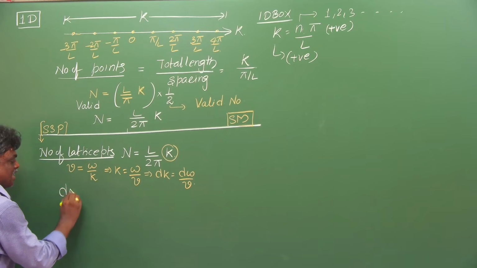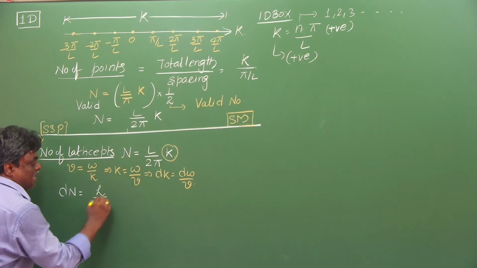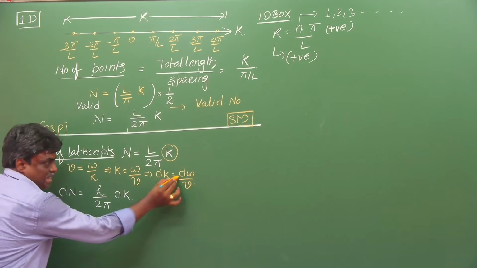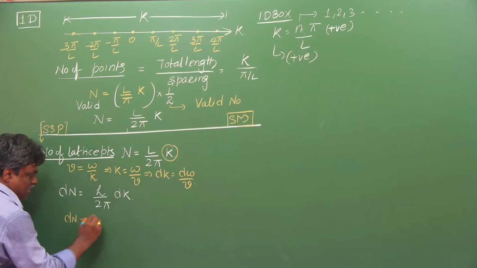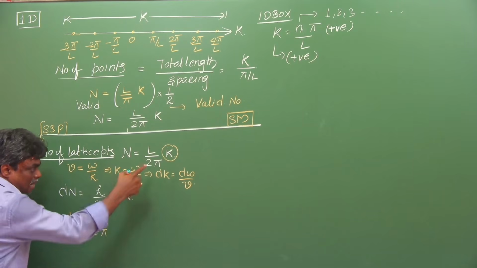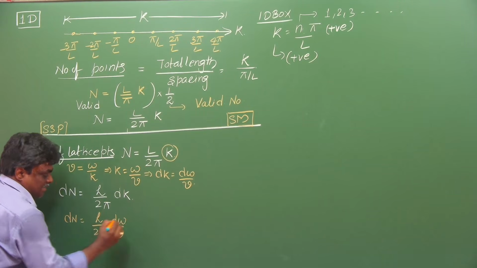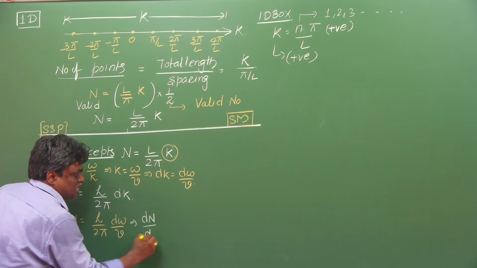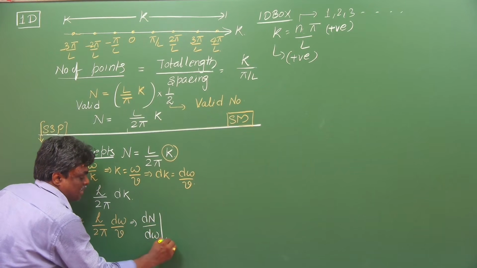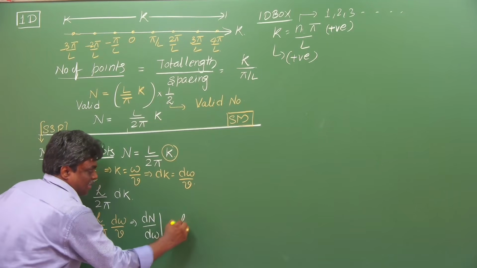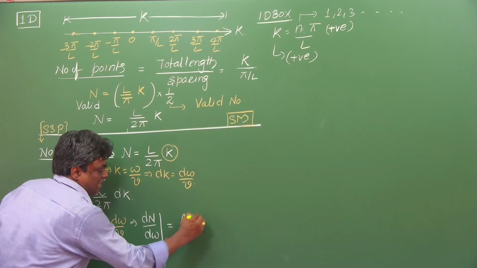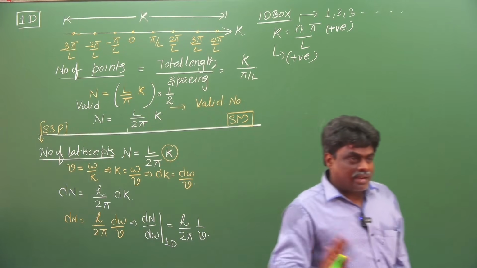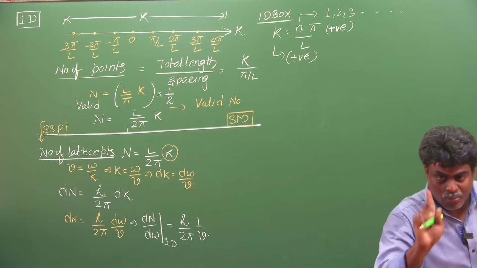So dn equals L by 2 pi into dk, that is L by 2 pi d omega by v. So the density of lattice vibrations in one dimension is equal to L by 2 pi v.